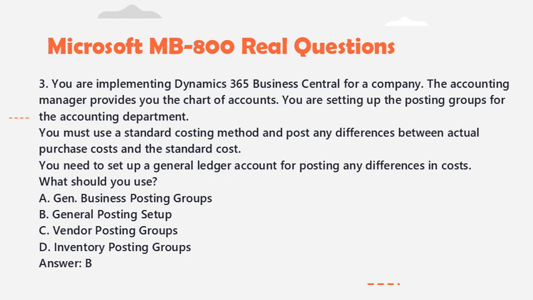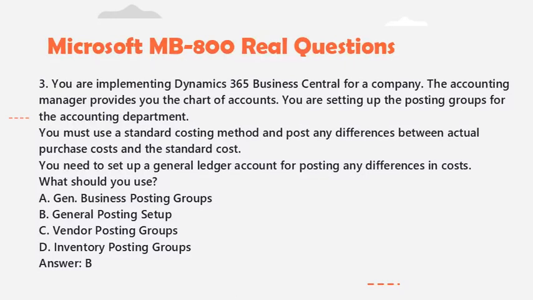3. You are implementing Dynamics 365 Business Central for a company. The accounting manager provides you the chart of accounts. You are setting up the posting groups for the accounting department. You must use a standard costing method and post any differences between actual purchase costs and the standard cost.